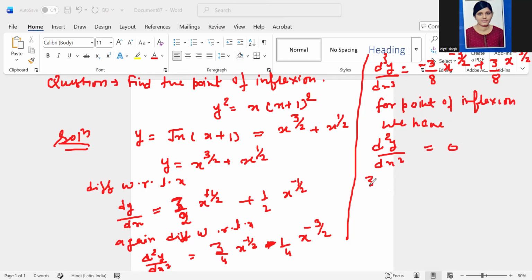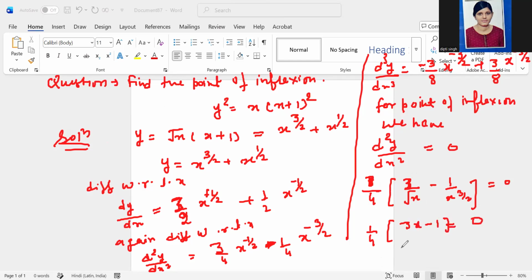You can take 1 by 4 as common. So we get 1 over root x minus 1 over x to the power 3 by 2 equals 0. If we take the LCM, it becomes 1 by 4 times 3x minus 1 equals 0. So 3x minus 1 equals 0, and we obtained x equal to 1 by 3.